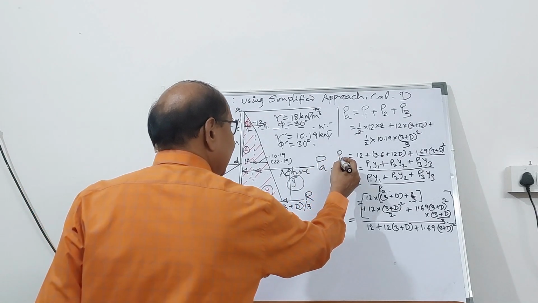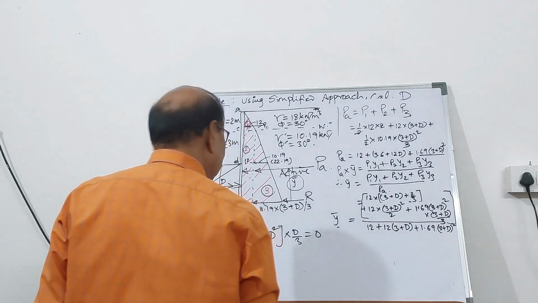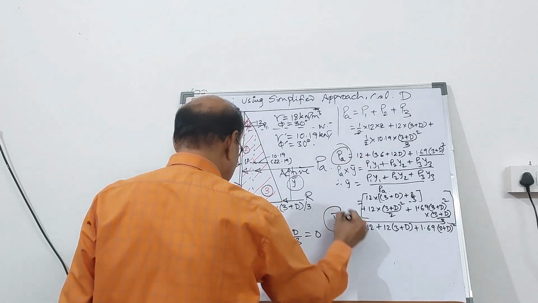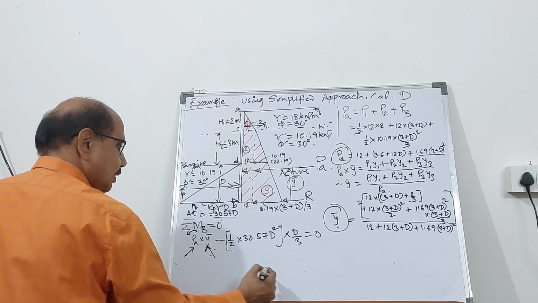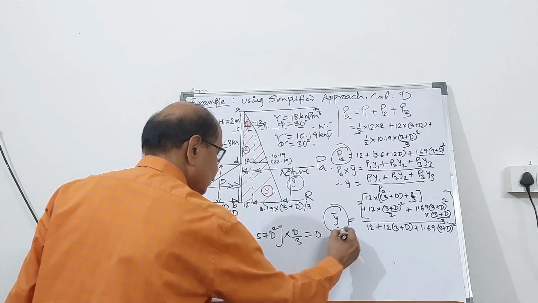Take the value of PA, take the value of y bar, substitute it over here, multiply it, and simplify.